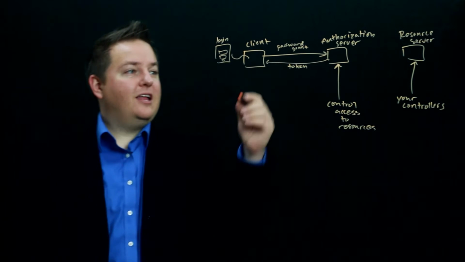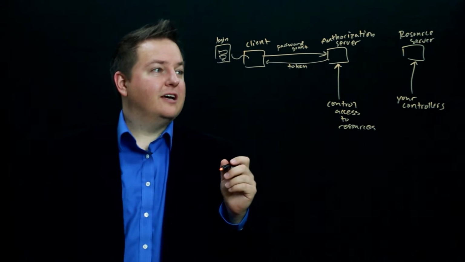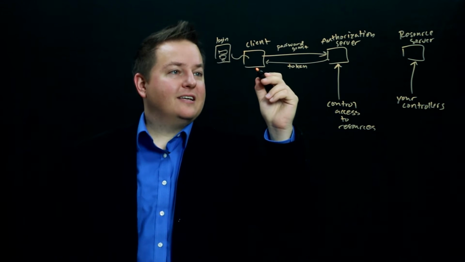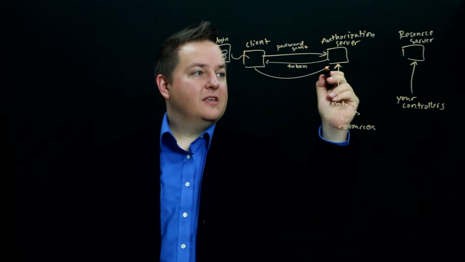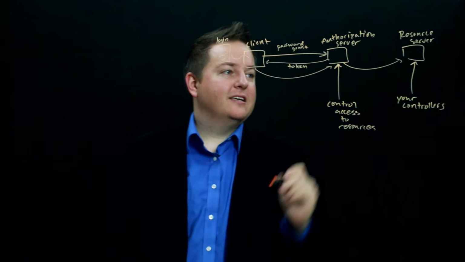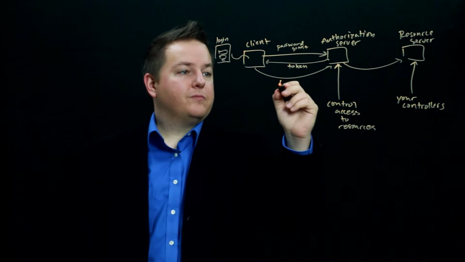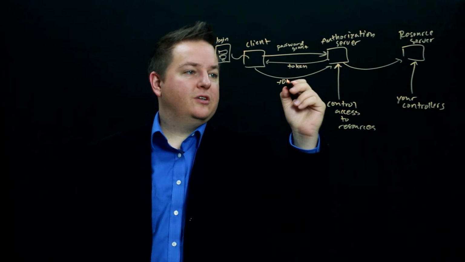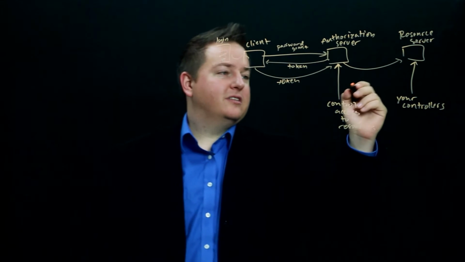So the client then gets this token, which is long-lived, and when it wants to go and access a resource, it has to use the token to get access to the resource that it wants.